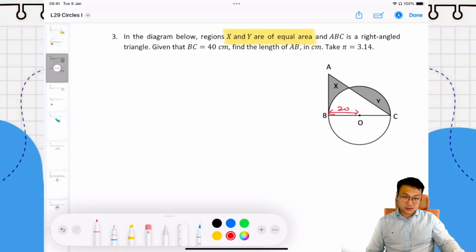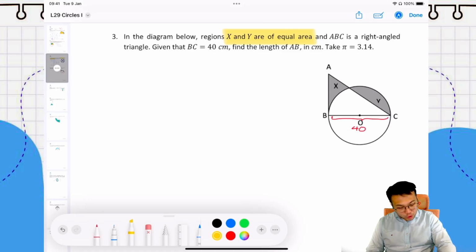So students, why don't you do this? If you really want to find the length of AB, what do you need? You already know that this is 40. The question has told you that the length BC is 40.